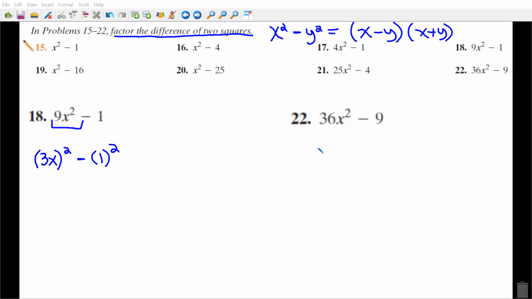Let's look for another participant. Valeria Cuadrado. Valeria Cuadrado. Yes? So, can you please factor this difference of squares? Guys, everyone has to be paying attention.